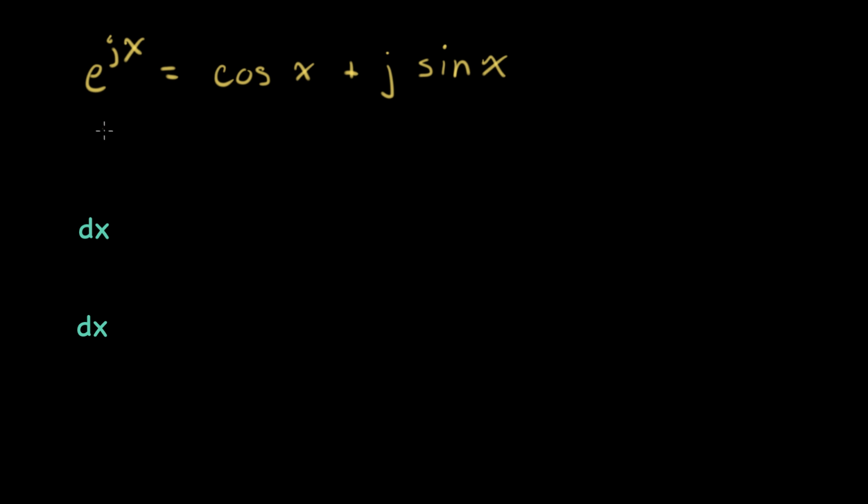So I have to mention the other form of this formula, which is e to the minus jx, and that equals cosine x minus j sine x. So these two expressions together are Euler's formula or Euler's formulas.